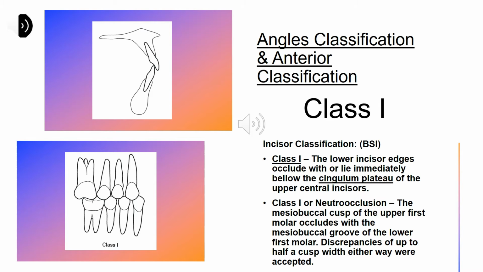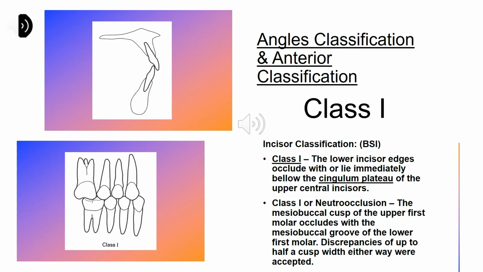So now let's look at different types of classification, starting with Class 1 classification. The way we are going to do this is by using a standard language for identifying posterior relationship and anterior relationship. One way we can do this is by using Angle's classification. Angle's classification was developed by Edward Angle, who is termed as the father of modern orthodontics.